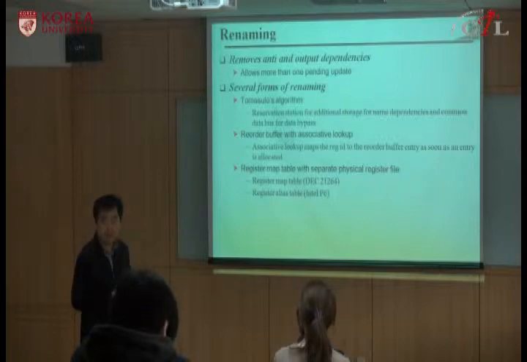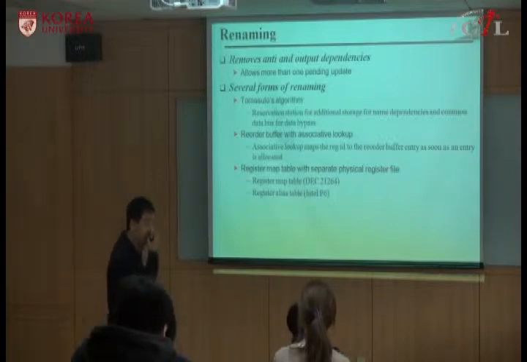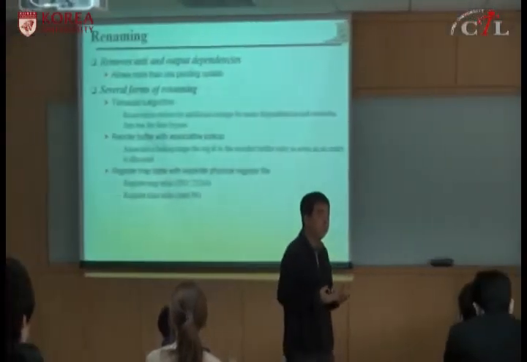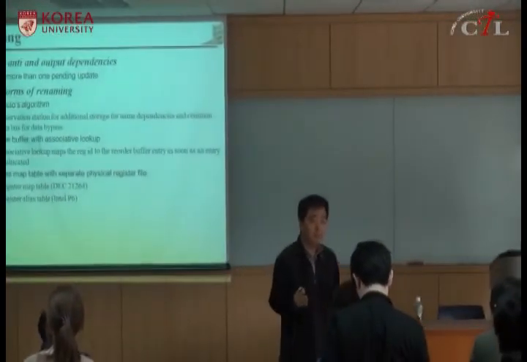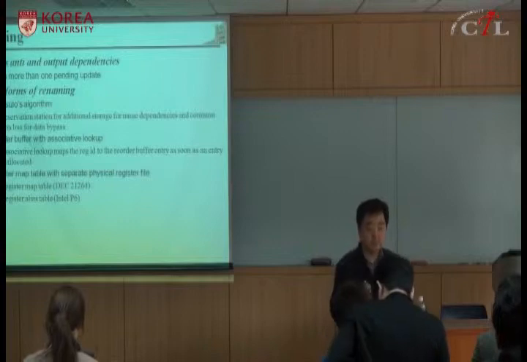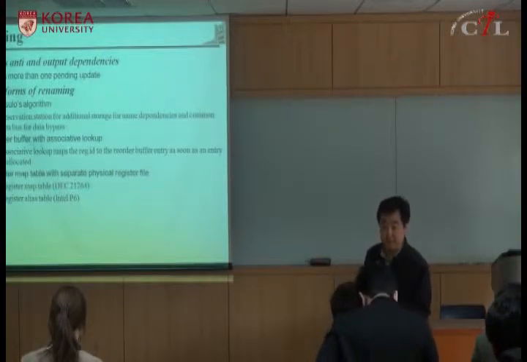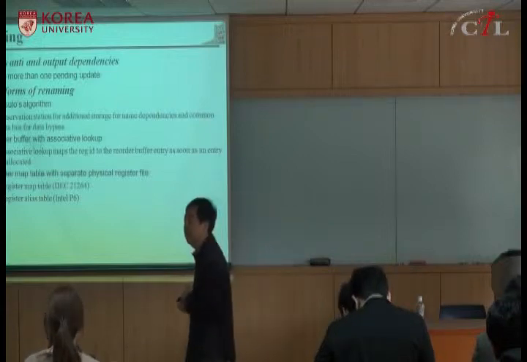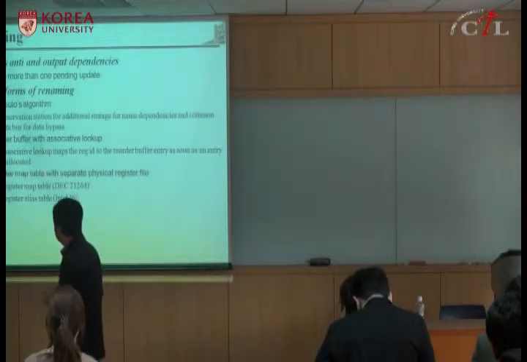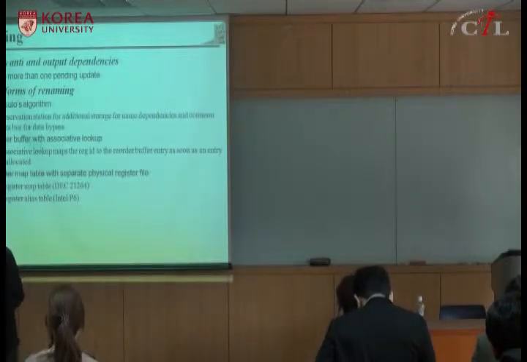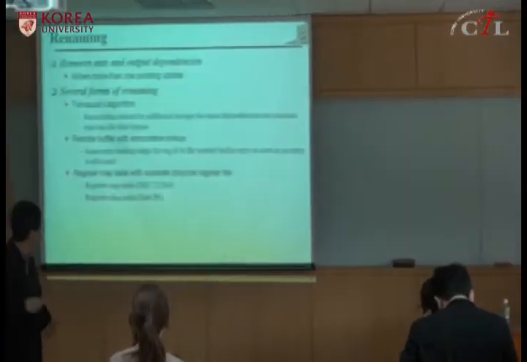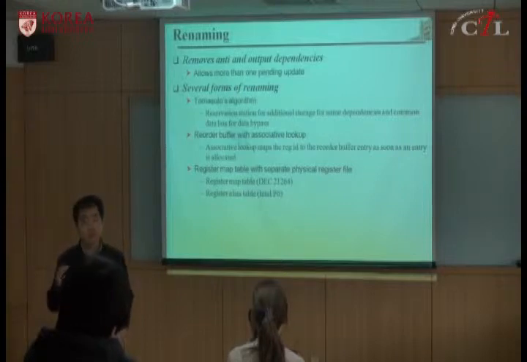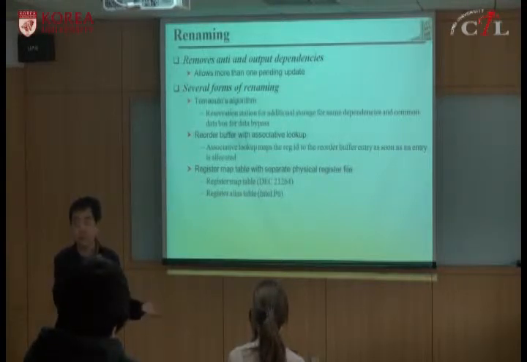This is the more common implementation for register renaming, and it's used in Intel Pentium Pro or Pentium 4, and also digital processors. Okay, so the idea is a little different from the reservation station. In the reservation station, the instruction window for each functional unit has its own storage for its source and destination, so they have additional storage and can eliminate this false dependence. In this register map table, they have a separate physical register file. So it's different from the logical register file.